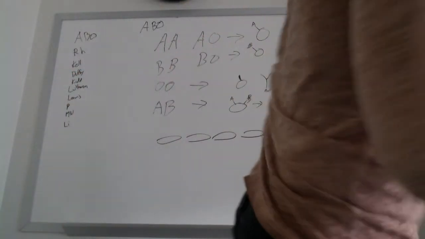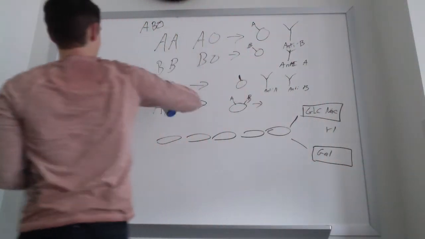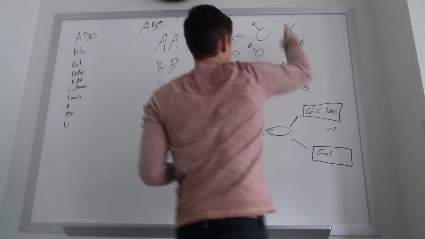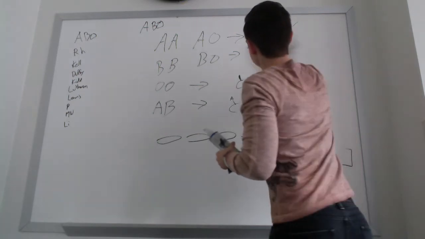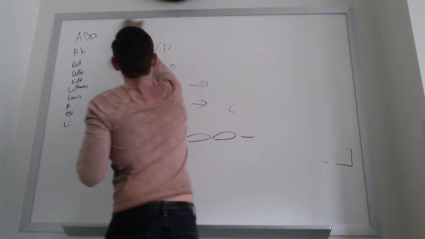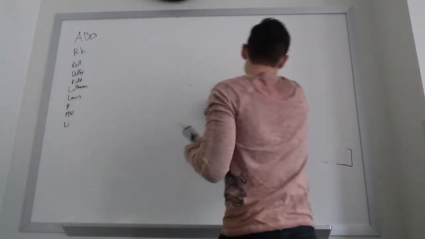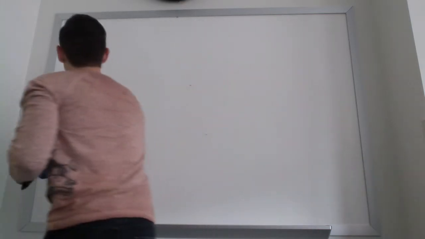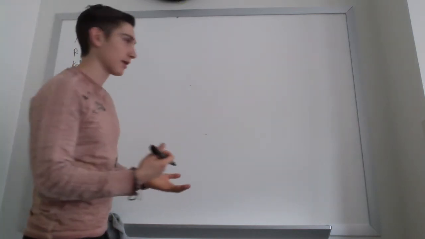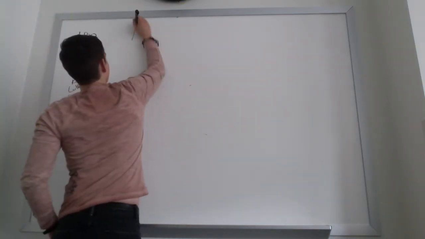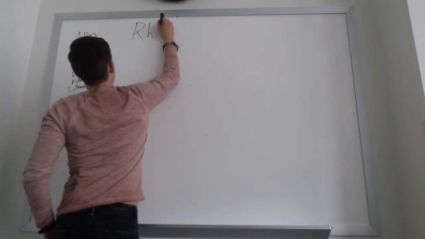Another type of blood type that you'll see is the Rh blood type. There are different kinds of Rh, but the one that's most specifically recognized is RhD.